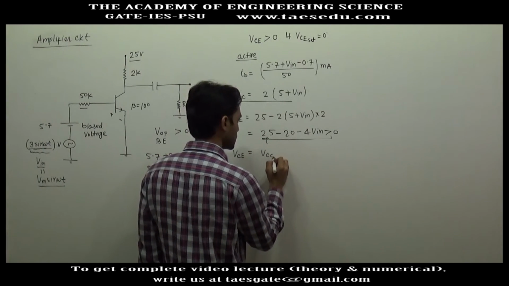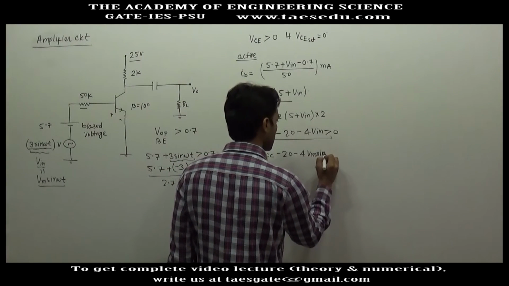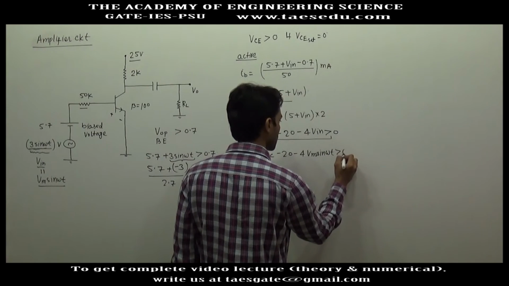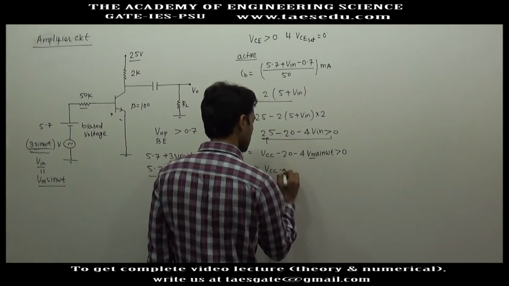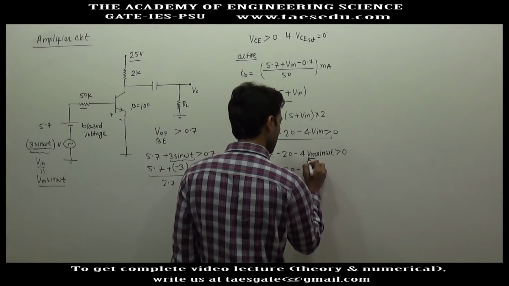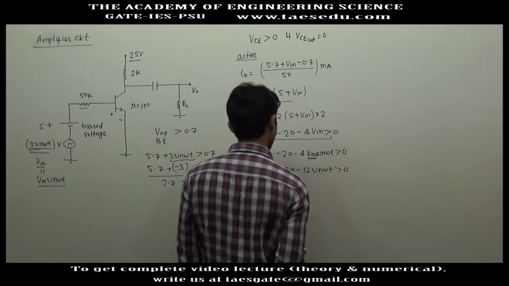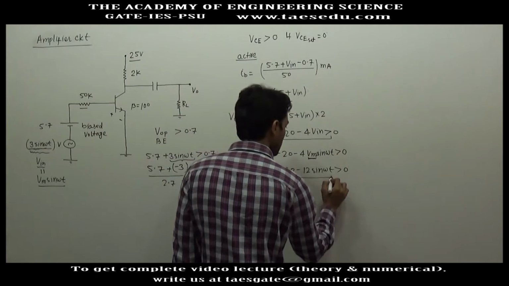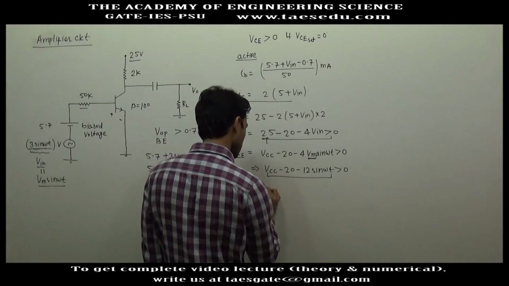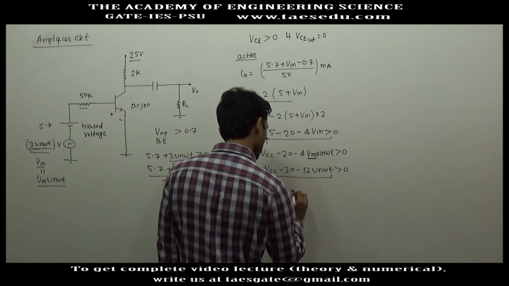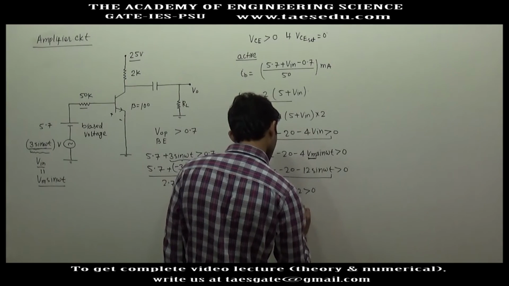Let's say VCC minus 20 minus 4 Vm sin omega t must be greater than 0. Here Vm is 3, so VCC minus 20 minus 12 sin omega t must be greater than 0, or the minimum of this value must be greater than 0. So what is the minimum of this value? VCC minus 20 minus 12. So VCC must be greater than 32 volt.